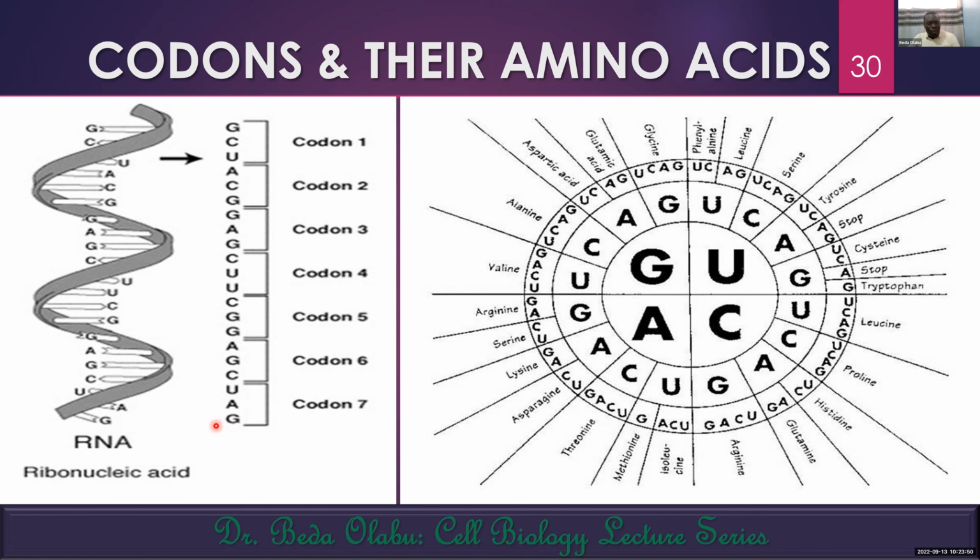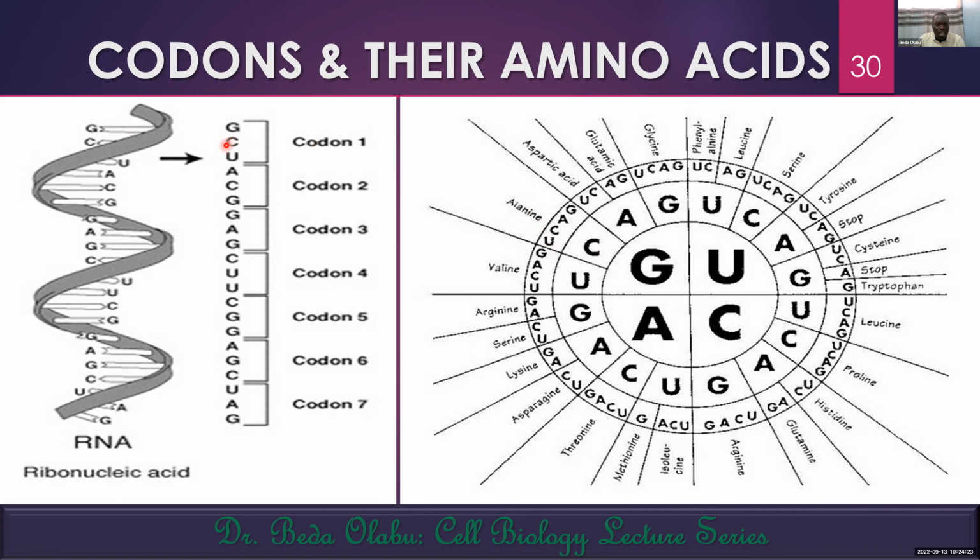Let's take, for example, that this is an RNA molecule that should be used to form a protein. So the order in which these bases appear will inform the order in which amino acids will be formed in a particular protein. If you take, for example, GCU as one codon, we can read here GCU, that is alanine.